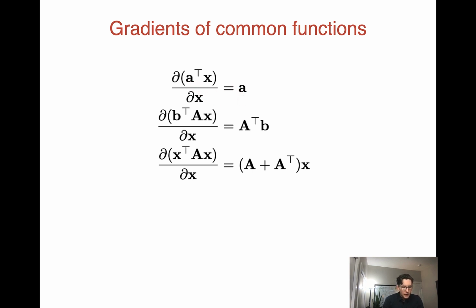Note here that we define the gradient as the column vector of partial derivatives. So here, even though we had an A transpose, A transpose is a row vector. It wouldn't make sense to put A transpose here. We have to think about it as the vector of partial derivatives.